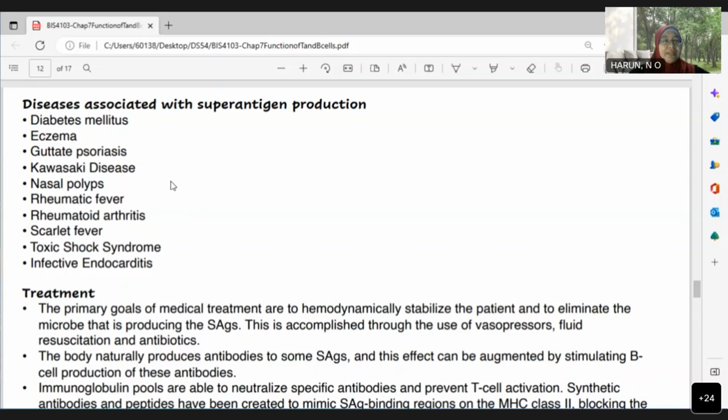Guttate psoriasis is also related to skin problems. It causes whitish tints, where your skin becomes whitish and dry, and definitely you will feel itchy all the time. Some people scratch their skin, even with eczema, which can start since you were a baby.